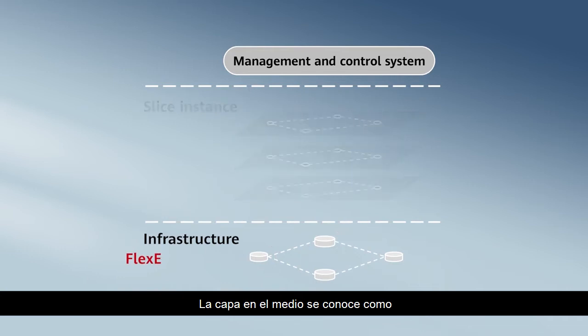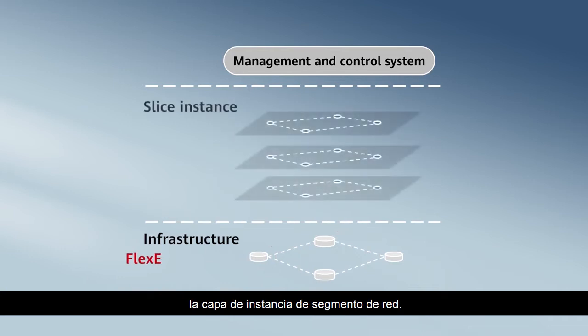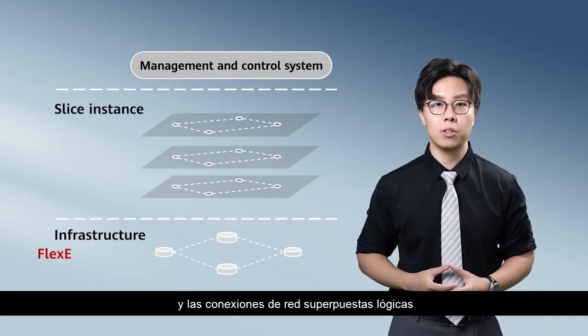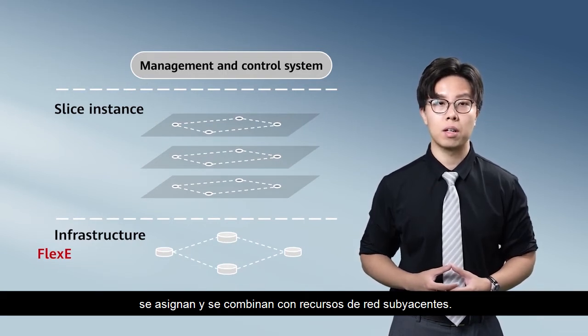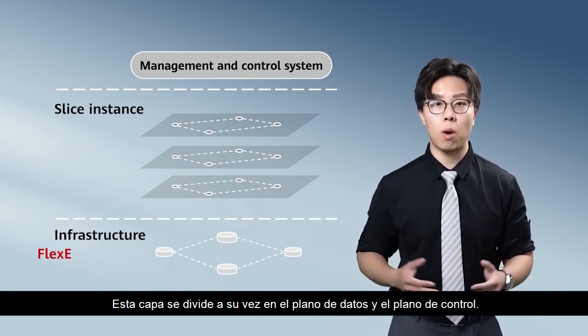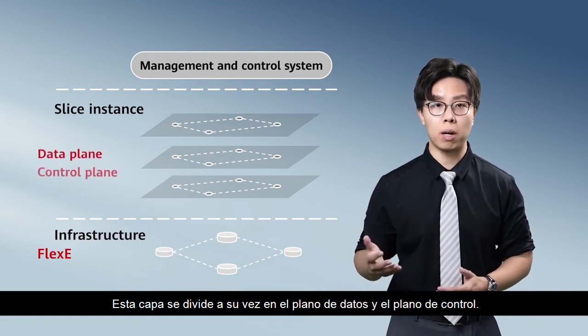The layer in the middle is referred to as the network slice instance layer. At this layer, customized network slice virtual topologies are created, and the logical overlay network connections are mapped to and combined with underlay network resources. This layer is further divided into the data plane and the control plane.